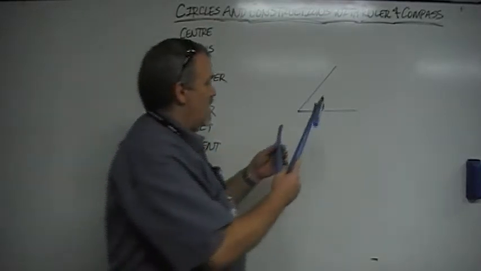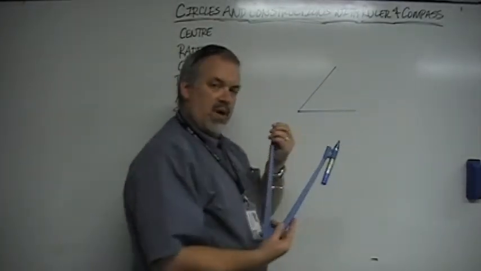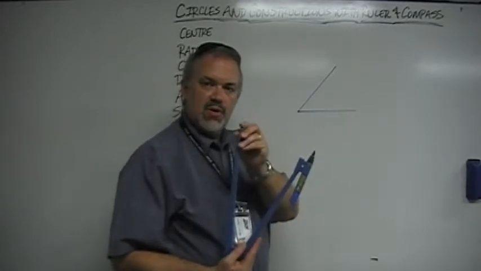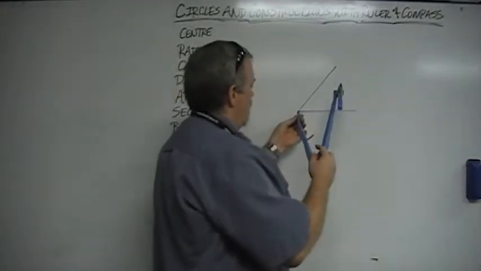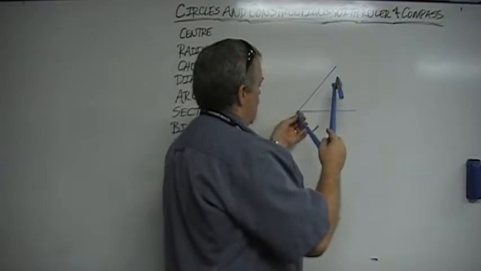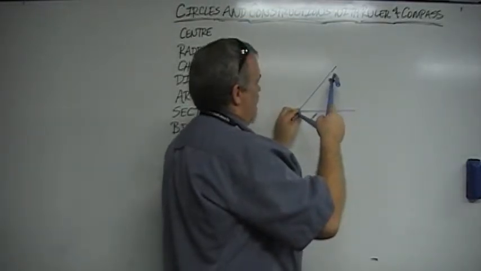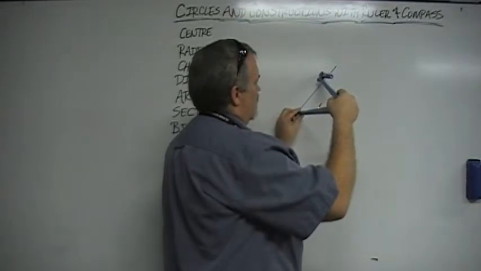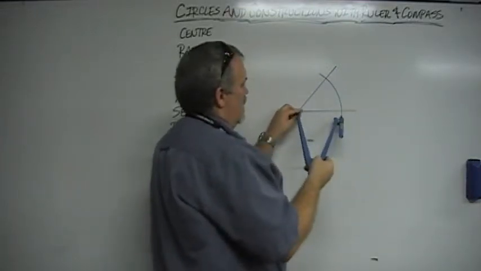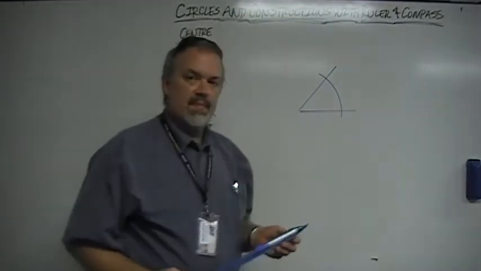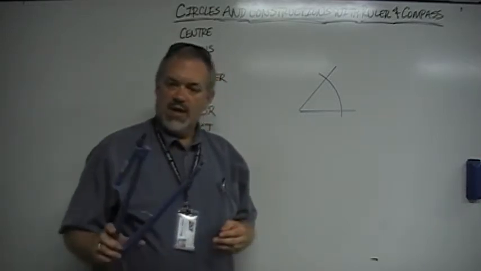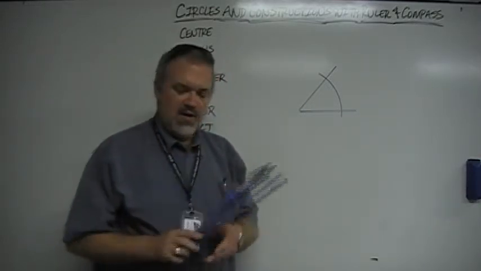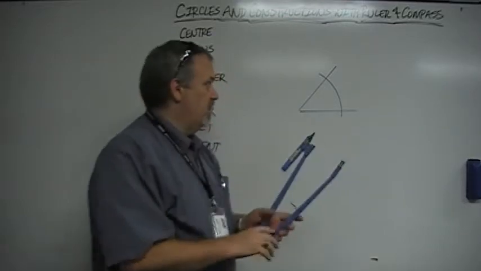Now, the way we do that is we start by putting the pointed part, or in my case the blue tagged part, of our compass right on the vertex of my angle. And I bring my compass down enough that I can draw an arc across my angle like that. And then I'm going to collapse my compass a little bit.